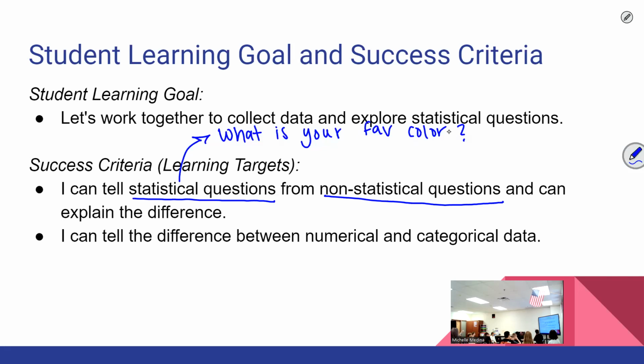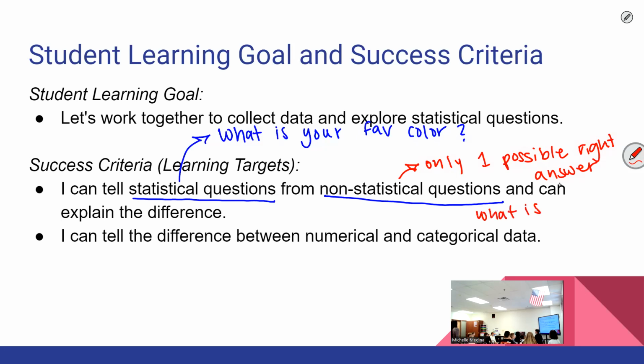What's an example of a non-statistical question? So only one possible right answer. What's an example of a non-statistical question that has just one right answer? Okay, so let's revise that.